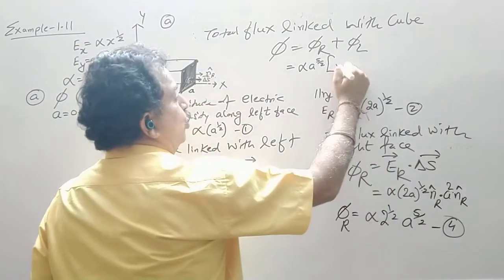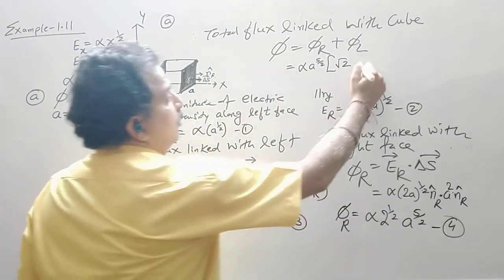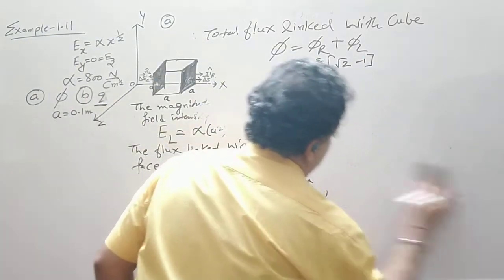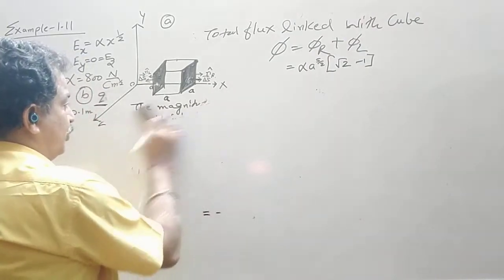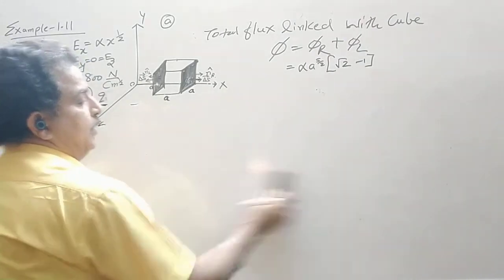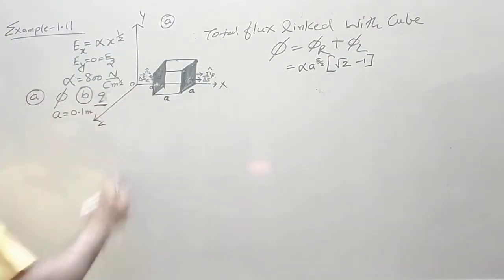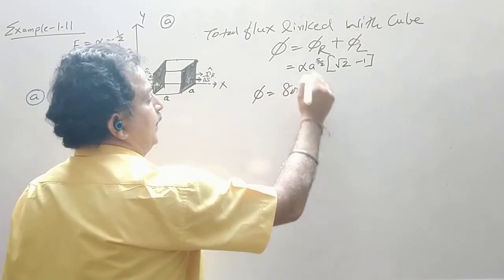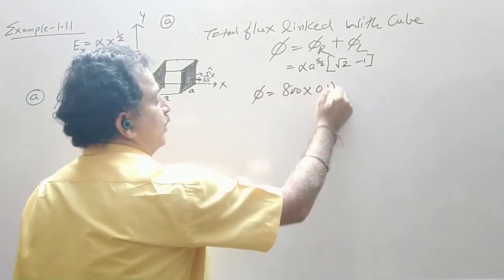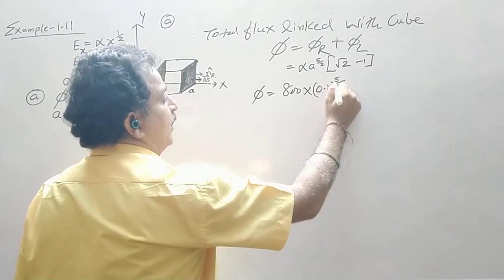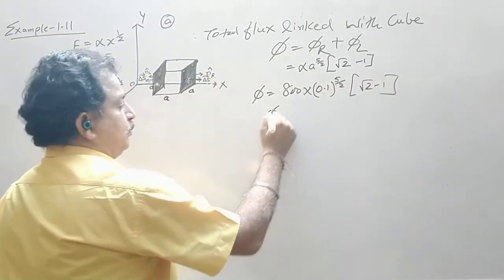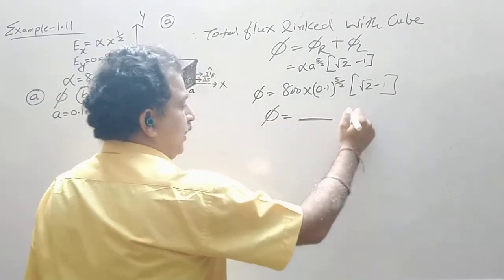Here it is root 2 minus 1. So this is the flux linked with the Q, which is placed in a Cartesian coordinate system where the electric field is along x-axis. Now I substitute this value, alpha is 800, the side of the cube is 0.1, that is 0.1 raised to 5 by 2 under root 2 minus 1. Now I substitute all these values and find out the answer.